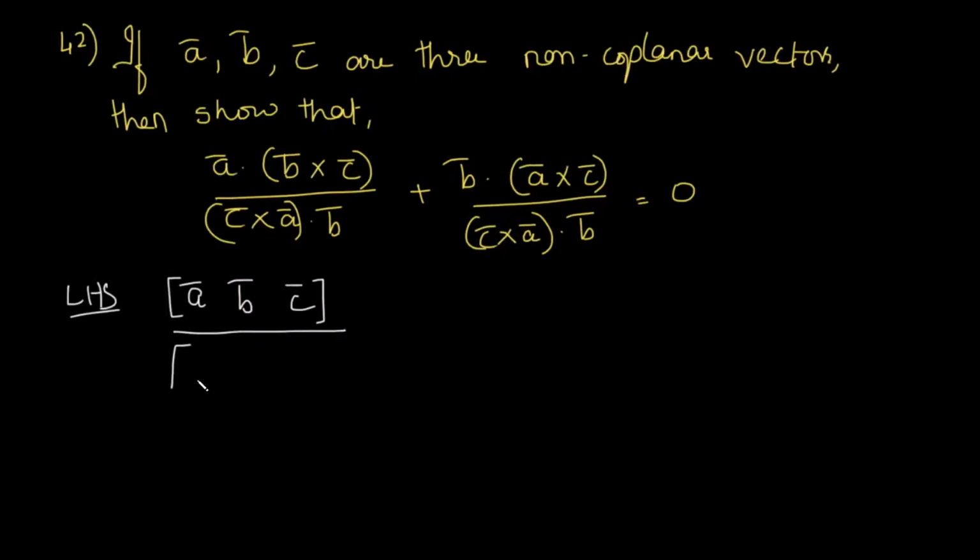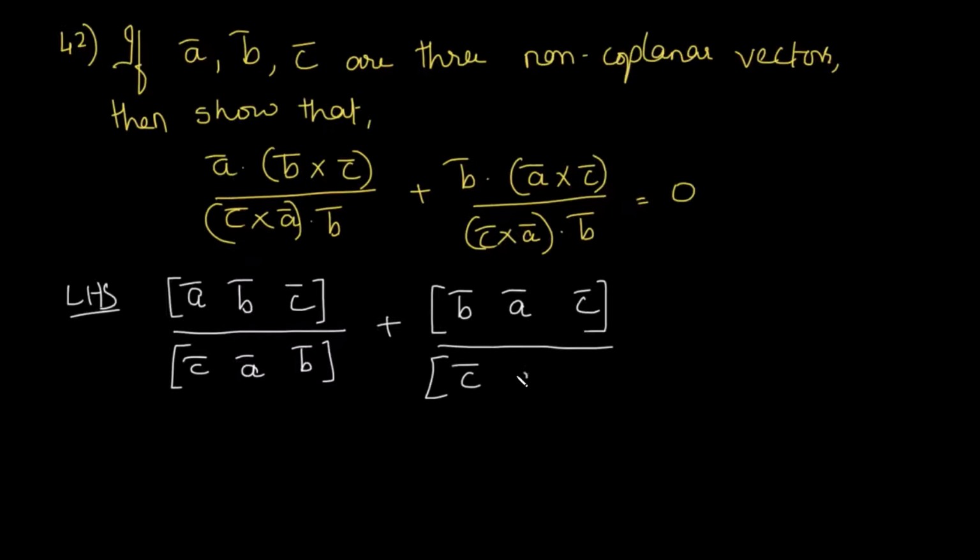Upon, the same thing can be done over here. C cross A dot B can be written as CAB. The same thing we'll be doing over here. Now, in this particular case, CAB, suppose we make a cyclic change in the position of all these three vectors.